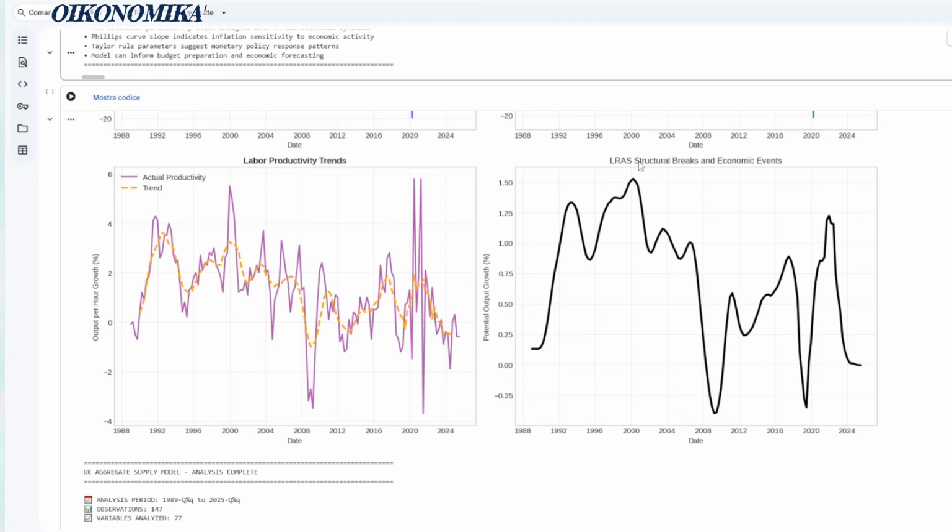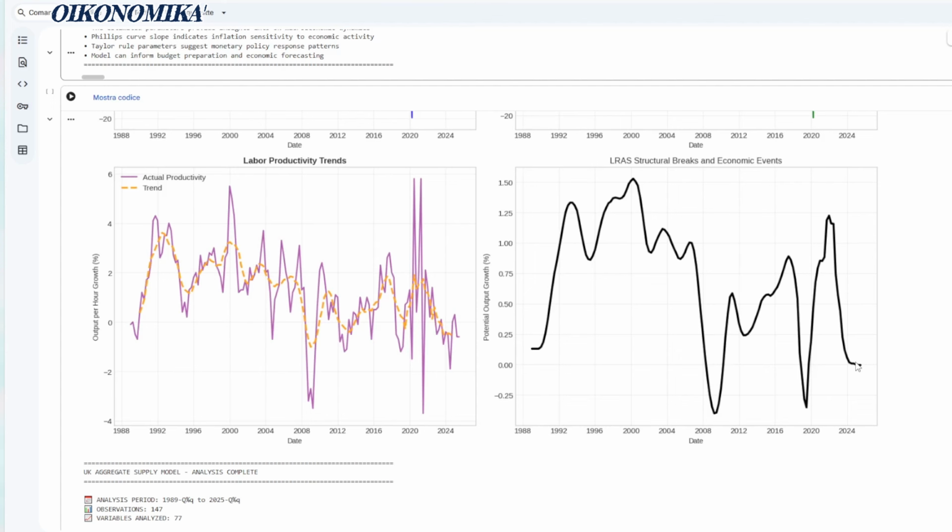And here we see the long run aggregate supply, how it's very close to zero. So it means that the potential has lost 1.5 points of potential. The long run and the structural breaks of economic events. So the long run aggregate supply potential is now at zero.